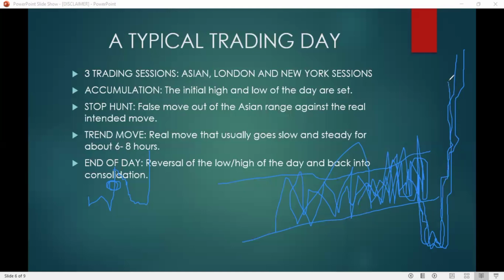Then during the New York session, you see another pattern, and then it drops, and then starts accumulating again. That is what we get to see in a typical trading day. And then I'm going to be explaining to you the anatomy of a candlestick, and then you get to understand why some of these things happen the way they do. So that is that.